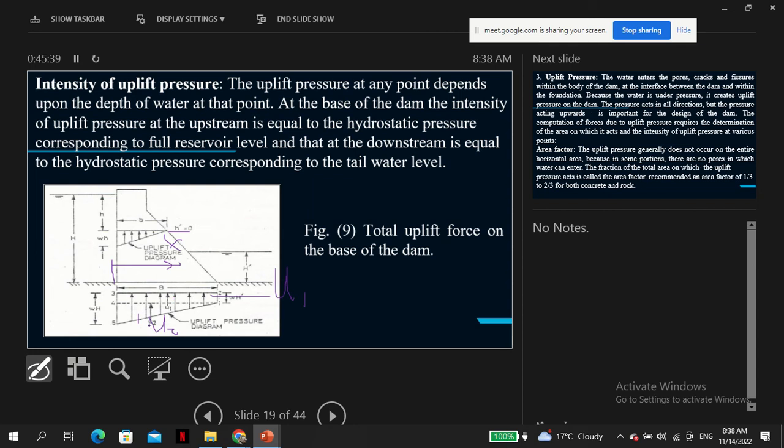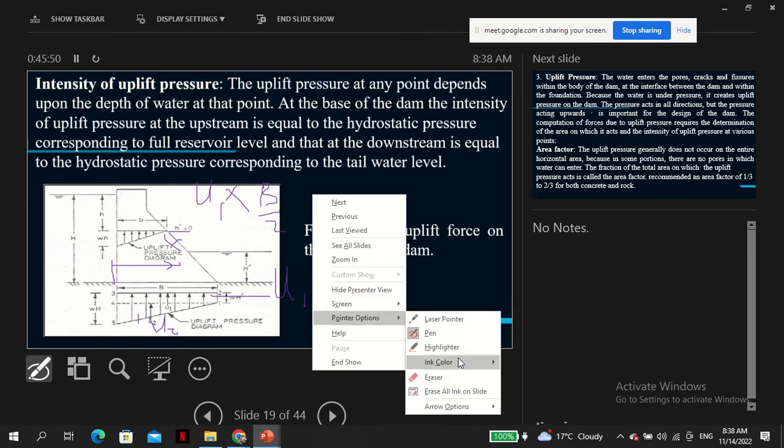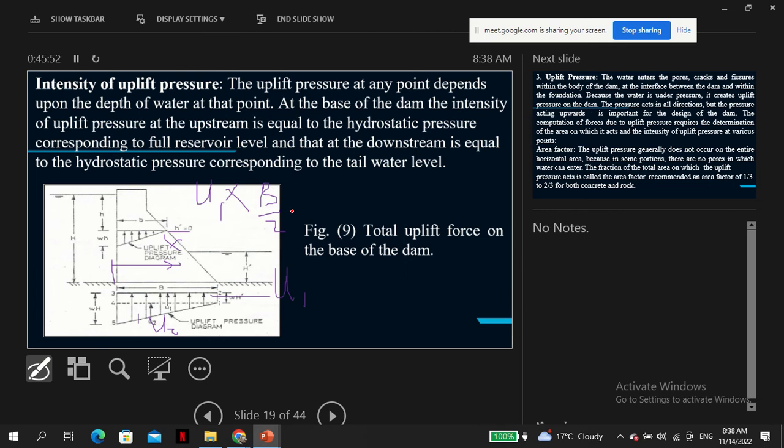Now to find the centroid: U1 times B over 2 plus U2 times B over 3 equals U1 plus U2 times x bar.